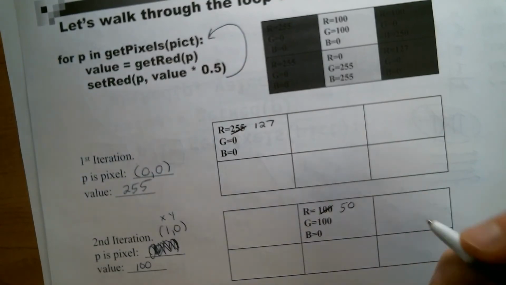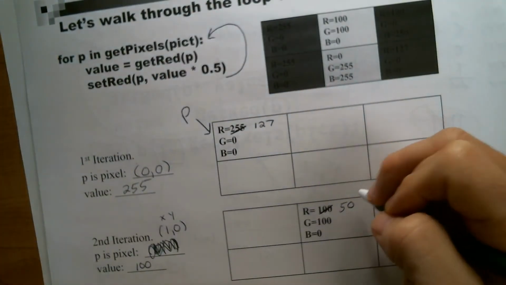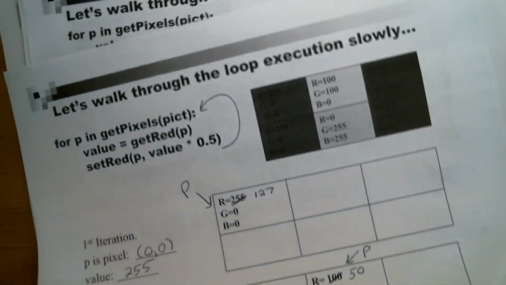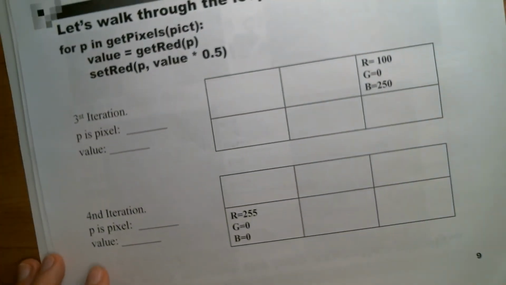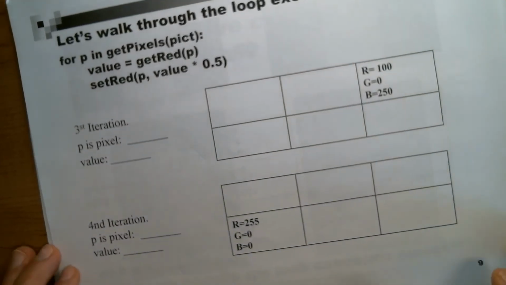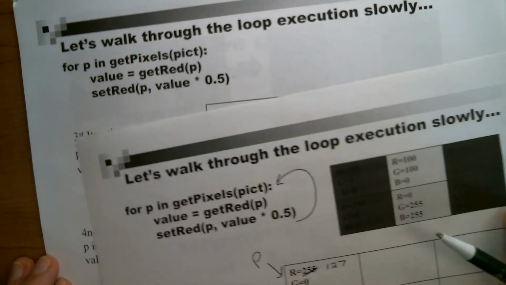So again, P keeps changing. The first iteration, P is this pixel. The second iteration, P is this pixel. And we can keep going and executing this out by hand. On the third iteration, we're still moving across our picture here.